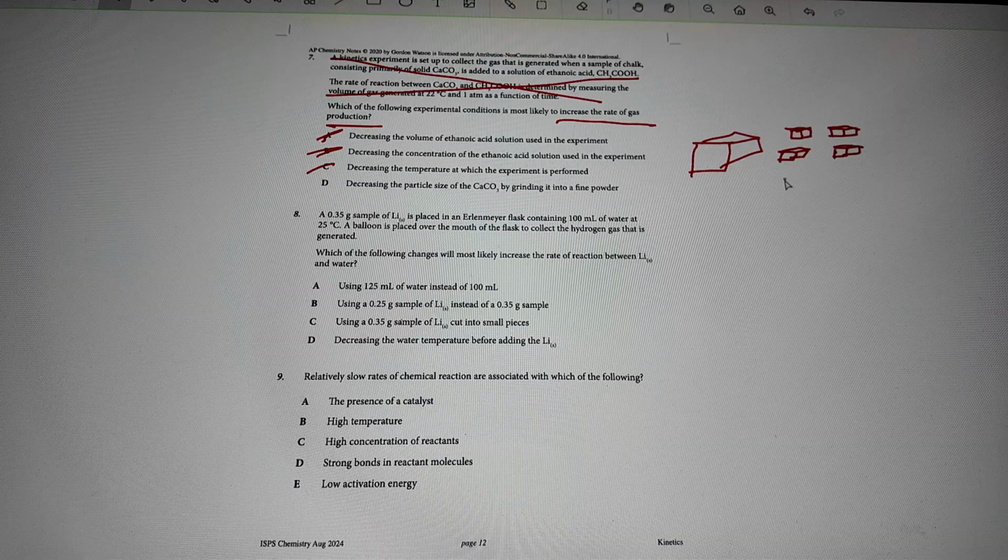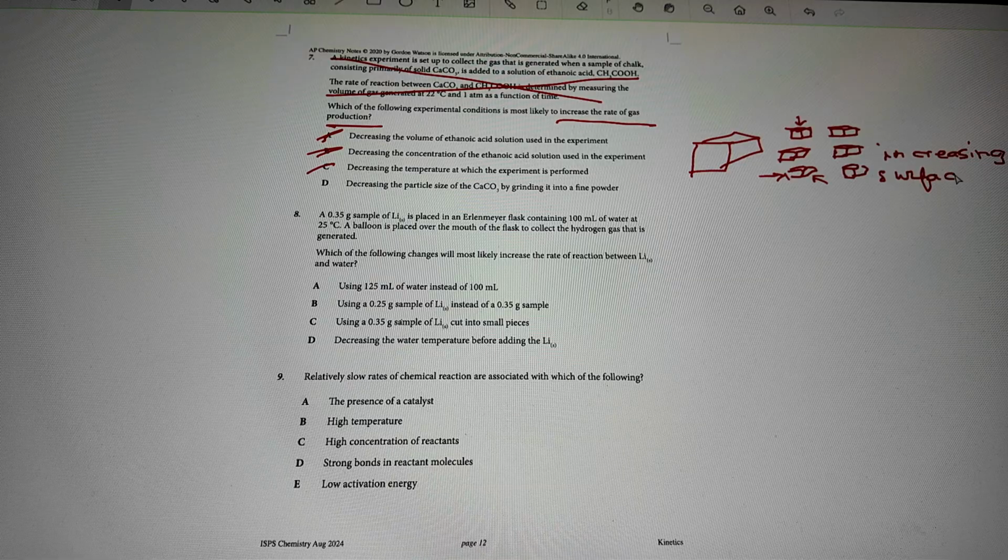If you have these smaller pieces, each of its sides gets more time to cook, right? And this is increasing the surface area. So it's D.